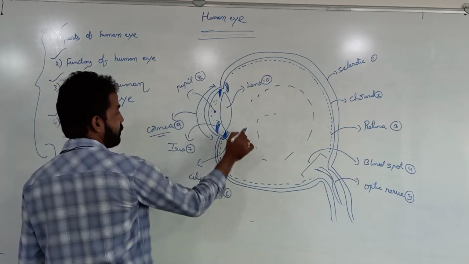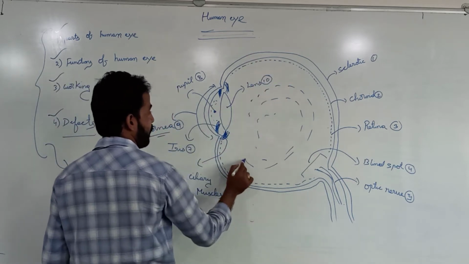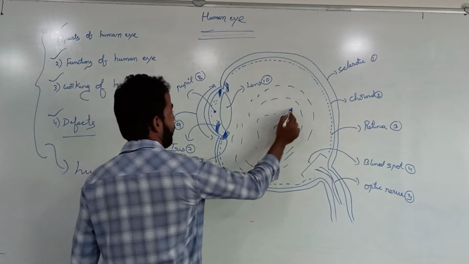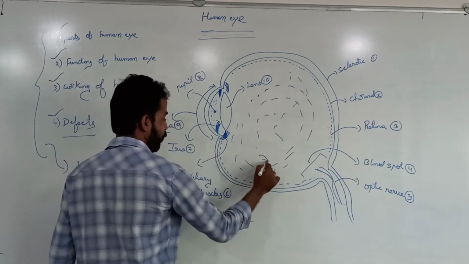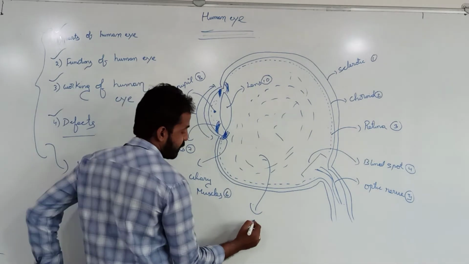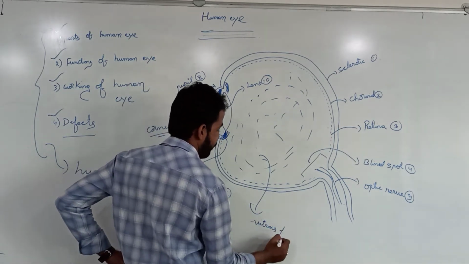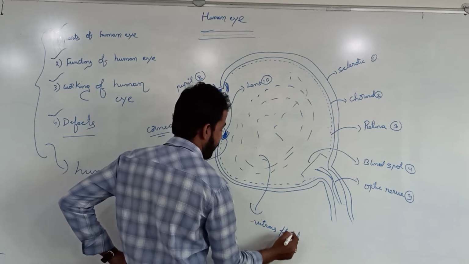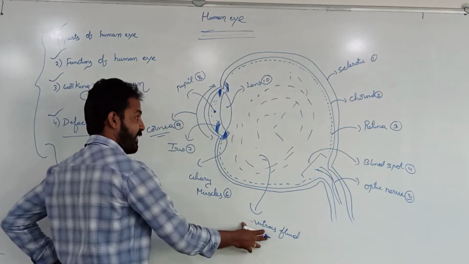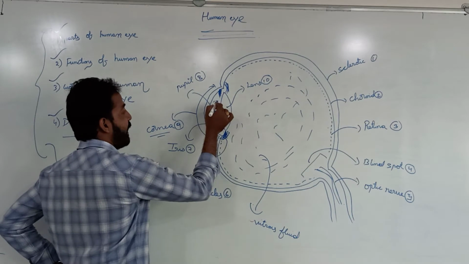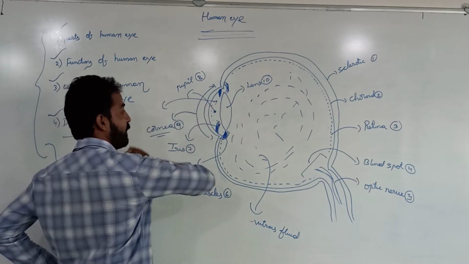And here one fluid will be present. This fluid is named vitreous fluid. V-I-T-R-E-O-U-S, vitreous fluid. And here one more fluid will be present.